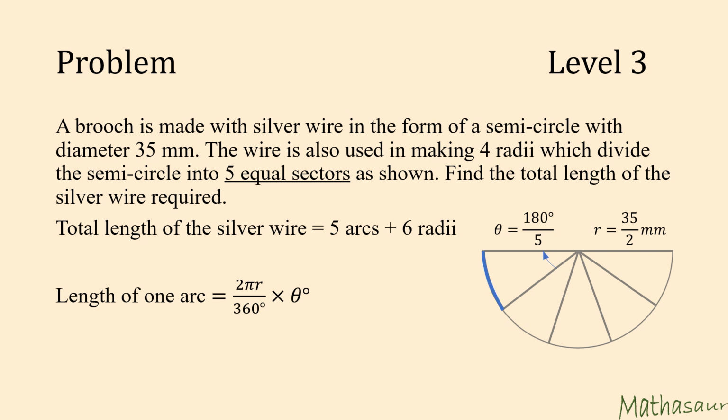Since there are 5 equal sectors, the angle subtended by one arc at the center would be 1/5 of the angle subtended by the semicircle. So theta would be equal to 180 by 5. Now let us substitute the values for pi, r and theta. Let us simplify.